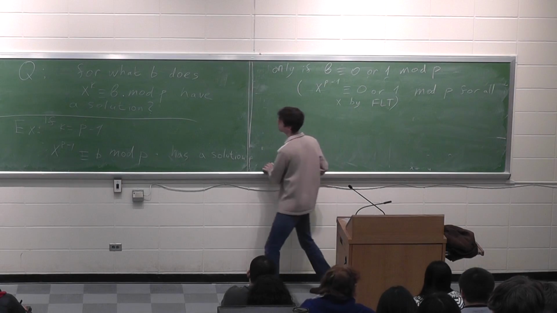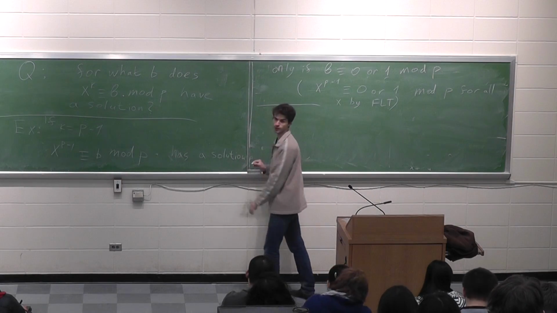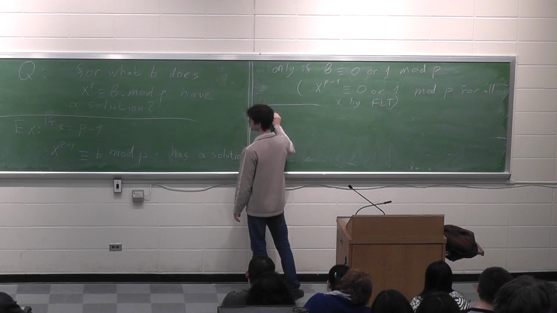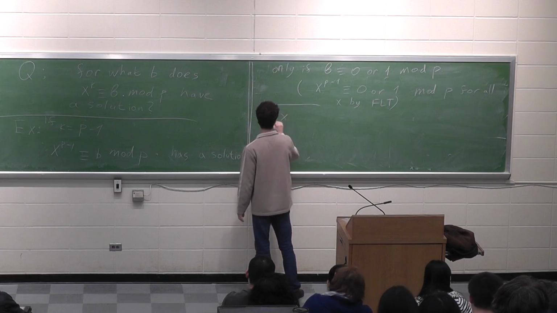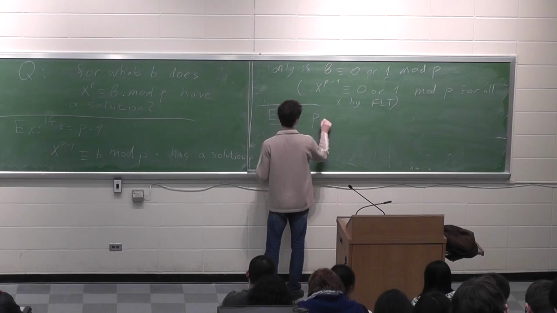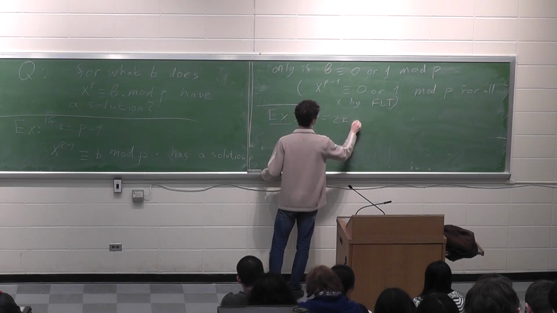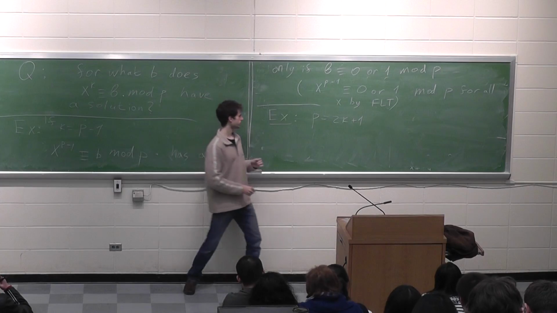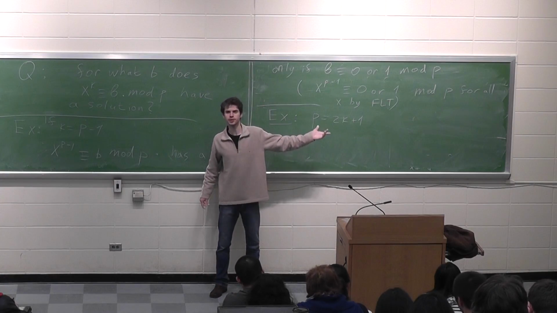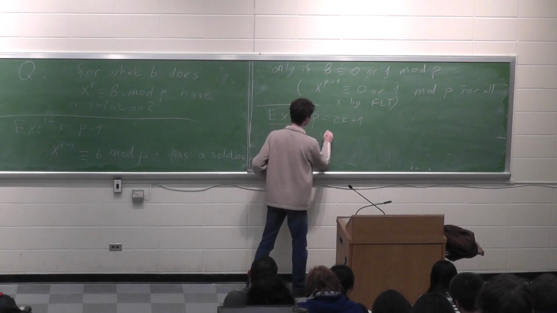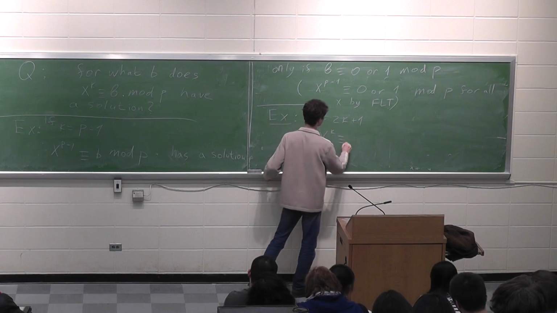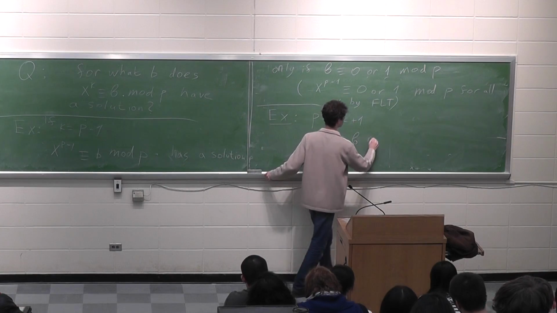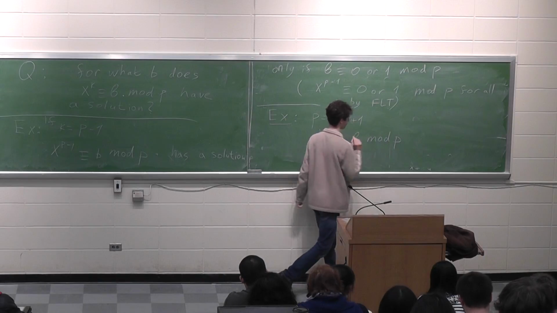Okay, let me try a different one. Another example: p is 2k plus 1. I take an odd prime p, and I want to understand when x to the power k is congruent to b has a solution.